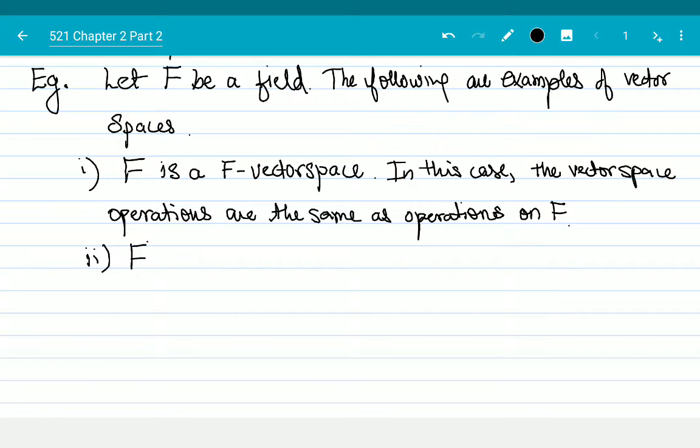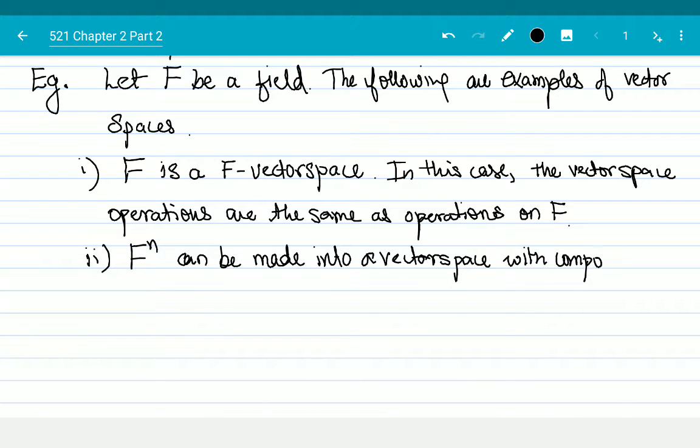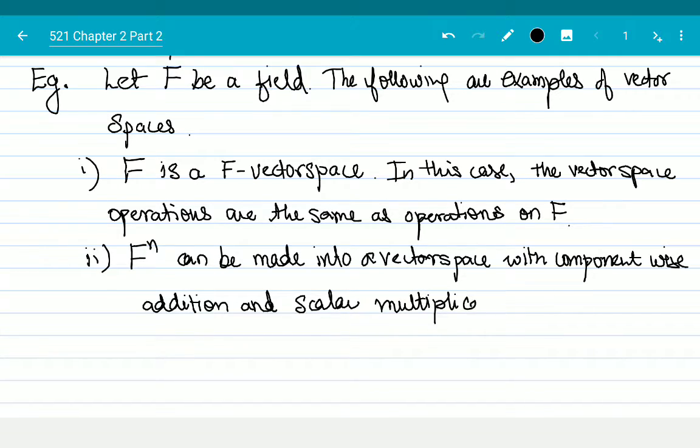Now, F to the n can be made into a vector space with component-wise addition and scalar multiplication. What does that mean?